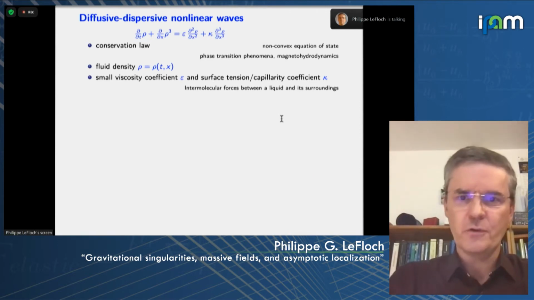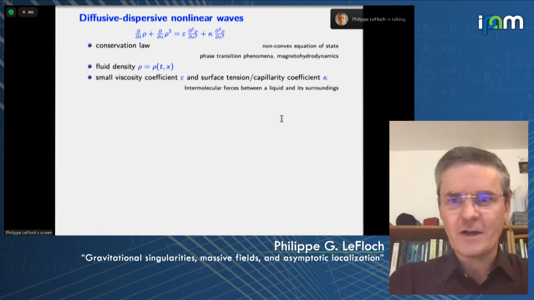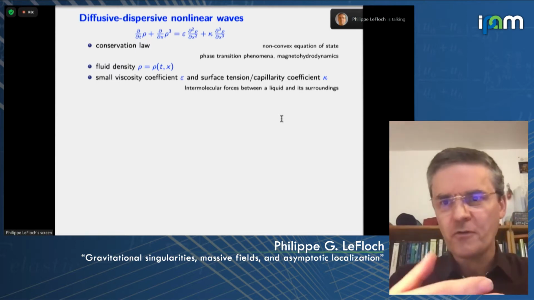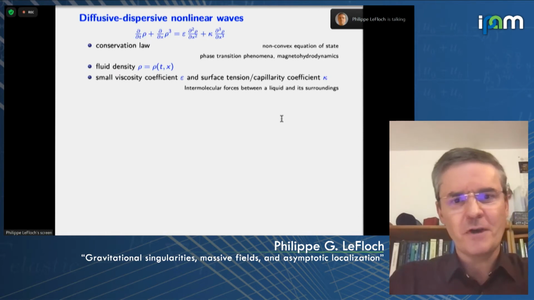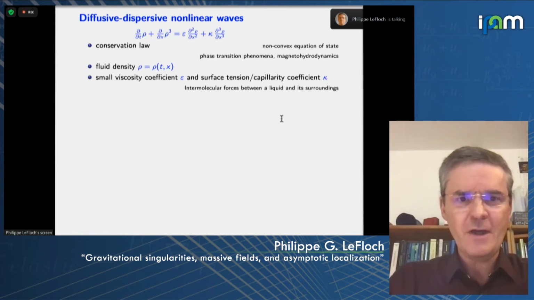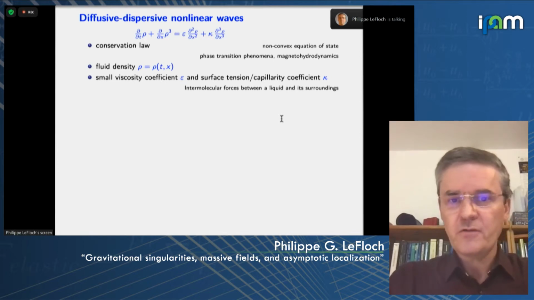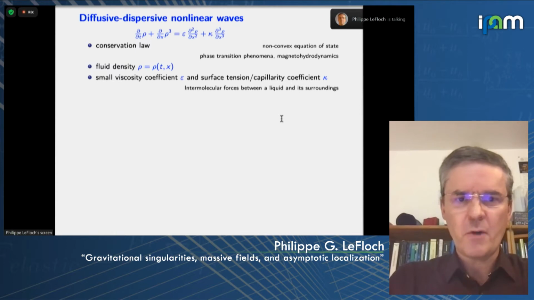In magnetohydrodynamics, you have essentially exactly this equation in some limit for the transverse component of the magnetic field. So here I'm producing a model that is very, very simple, but it's very useful to understand the phenomena. And I'm taking into account viscosity effects, surface tension or capillarity with a parameter kappa.